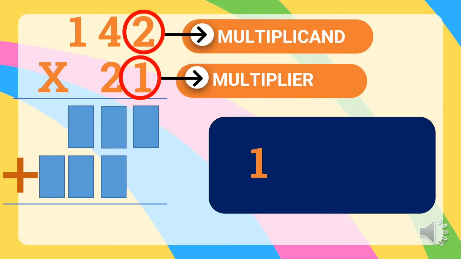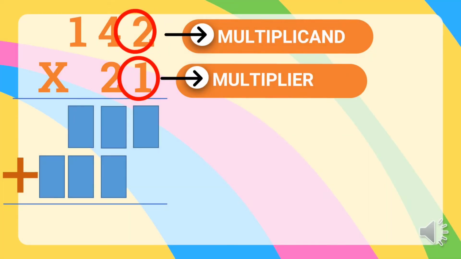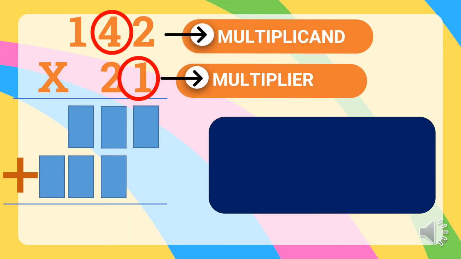So 1 times 2 is equal to 2. Next is 1 times 4 is equal to 4.